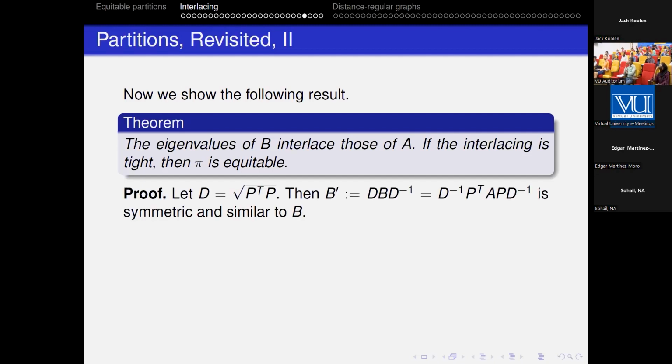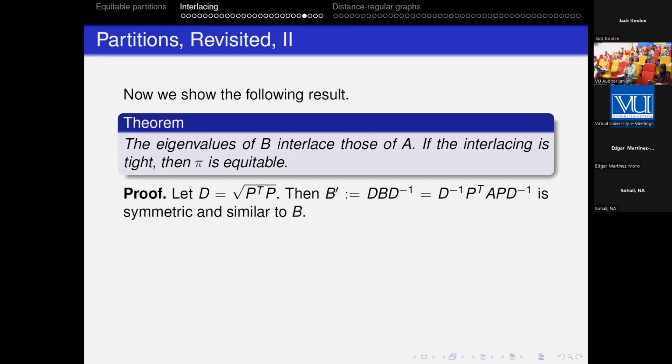So we define the diagonal matrix D, the square root of P transpose P. We already defined this when we discussed equitable partitions. We will do this one more time. So then you can see that B prime is symmetric.